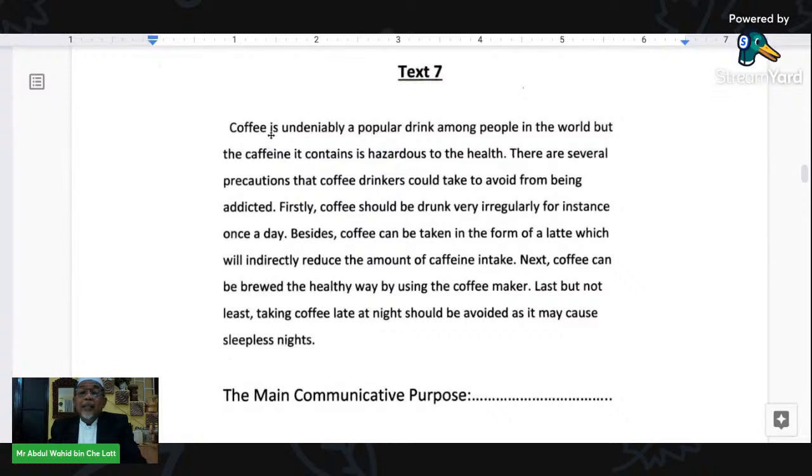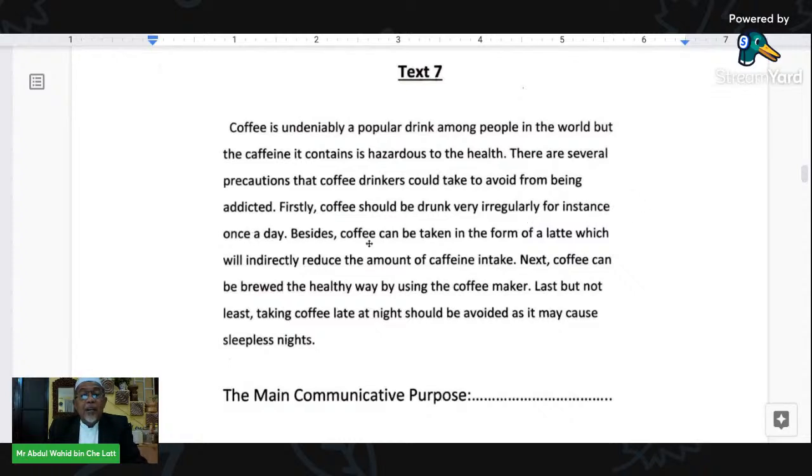Coffee is undeniably a popular drink among people in the world, but the caffeine it contains is hazardous to the health. There are several precautions that coffee drinkers should take to avoid being addicted. First, coffee should be drunk very irregularly, for instance, once a day.